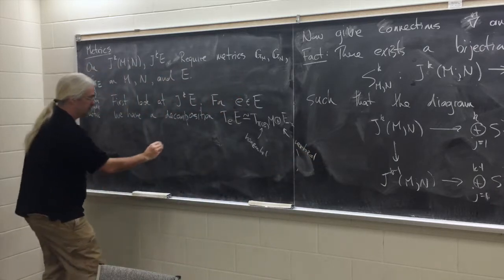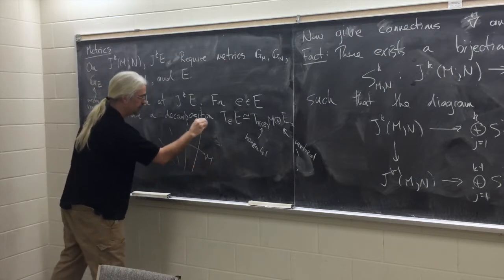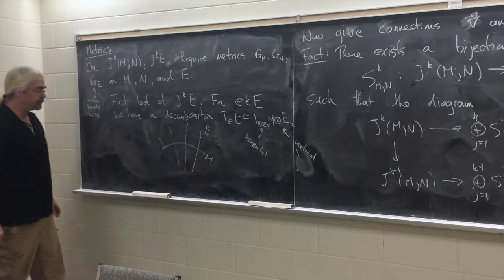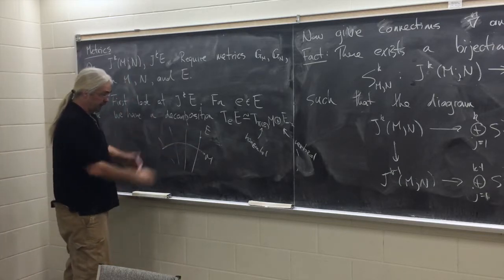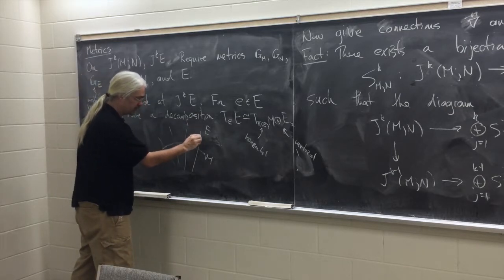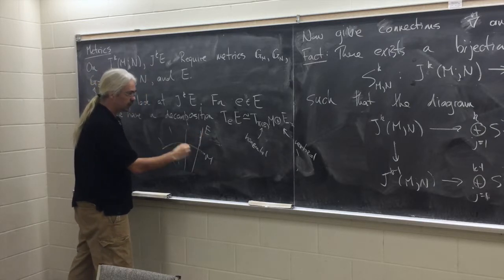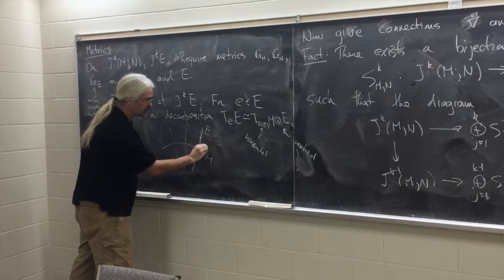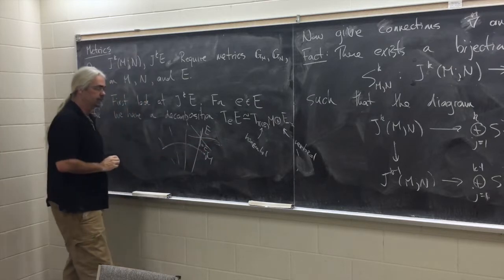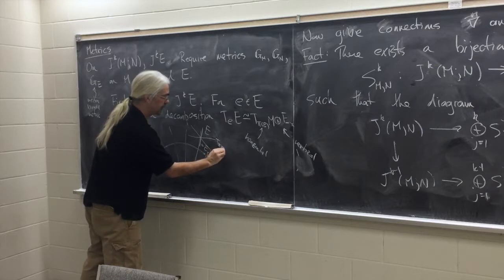Okay. So there's a picture you should have in mind here. So here's M, here's E. At a point here, you can see it floating off in space there. There's a natural vertical component, which is just the tangent vectors tangent to the fiber. That'll be the vertical component, so this one is isomorphic to E_x. But you'll have many choices possibly of a complement to that. Any one choice is defined by a connection.